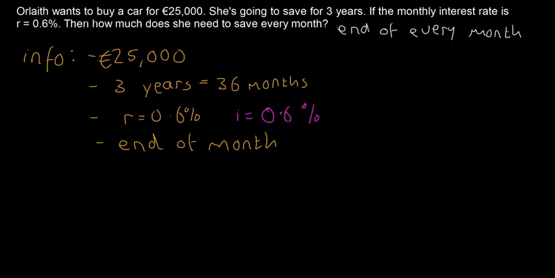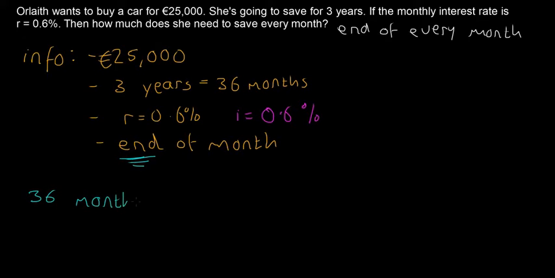Okay, so I'm going to scroll down. I should have enough space there. So now I'm going to start working out the formula. Again, we're going to pay special attention to the end of month here. It's different from the last question a little bit. So there are 36 months in total.